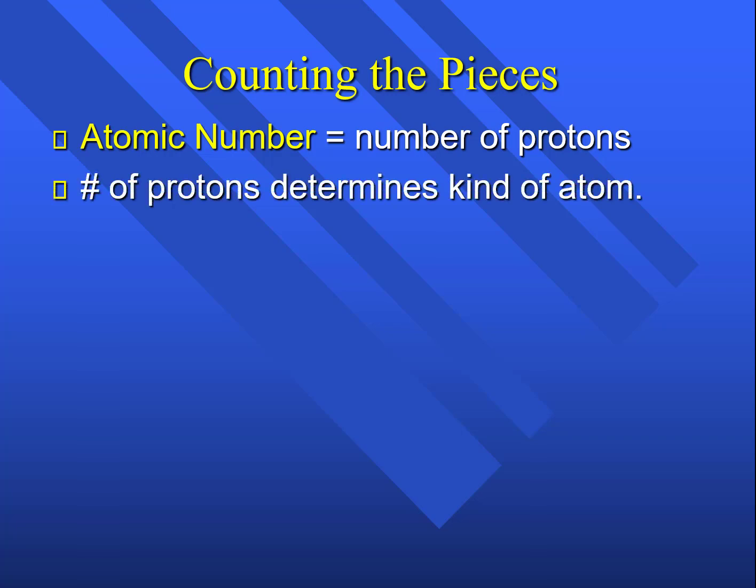They didn't know it was protons until they found protons later. But the reason why that worked is because the number of protons determines what kind of atom it is. So that's why they call it the atomic number, because it tells you what kind of atom it is.